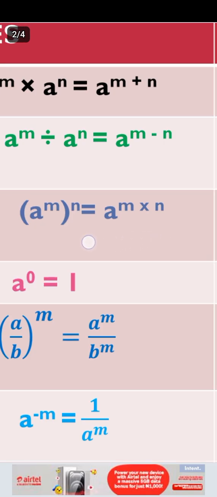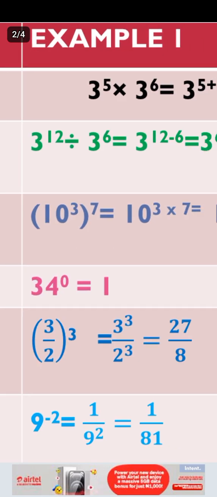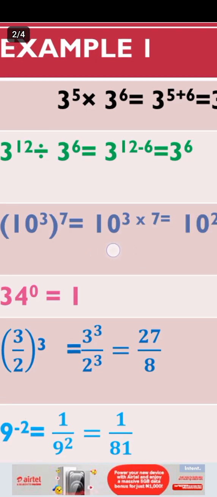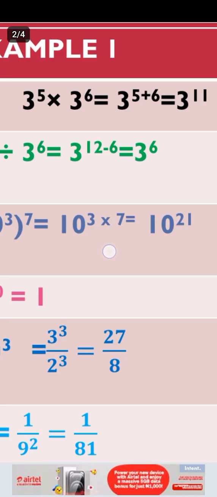Let us take an example: 10 raised to the power 3, bracket, raised to the power 7. This one is known as power raised to power. So it becomes 10 raised to the power 3 times 7, which is equal to 10 raised to the power 21. In power raised to power, what you need to do is just multiply the indices.